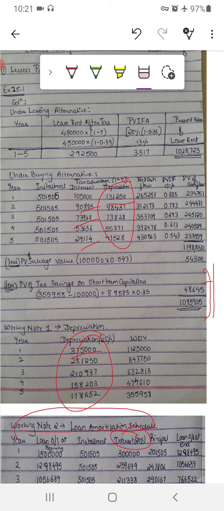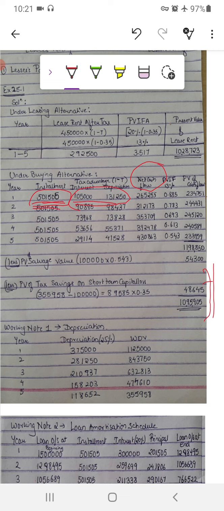Once you calculate interest after tax and depreciation after tax, then you calculate the net cash flows. Now how do you calculate net cash flows? It is installment minus the total of these two, that is 1,05,000 plus 1,31,250 gives us 2,36,250.